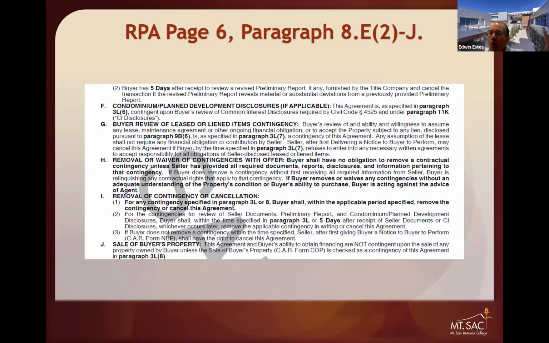So all your boxes to check are going to be found back in paragraph 3. The rest of the contract simply explains the obligations, rights of the parties, and further explanation of the meaning of the boxes being checked in paragraph 3. All right, well, let's go into the chat and see what we got.